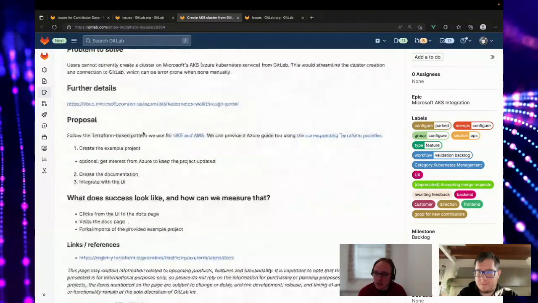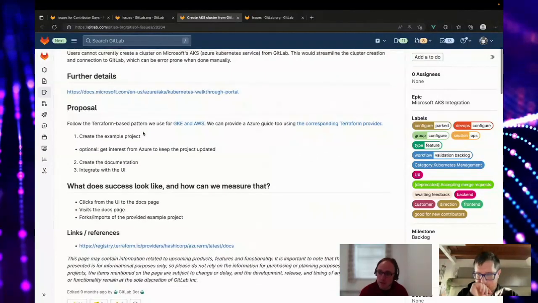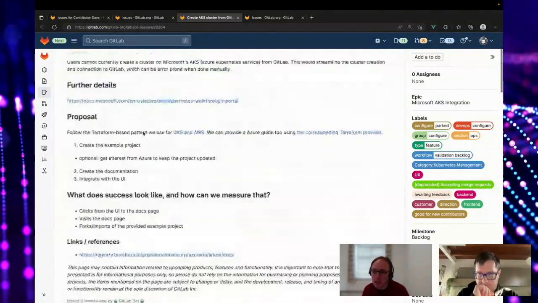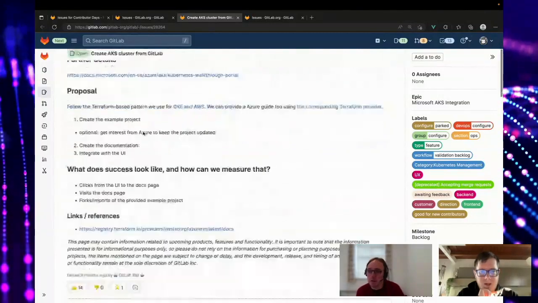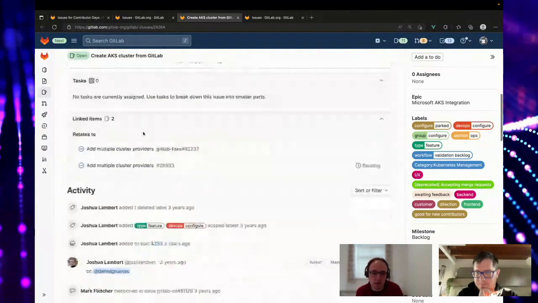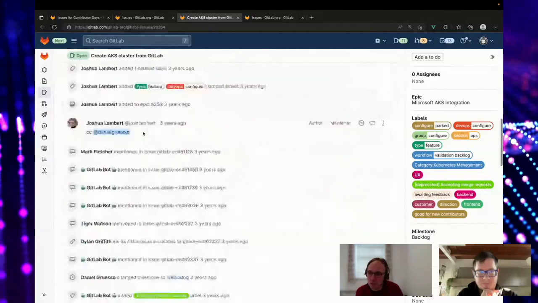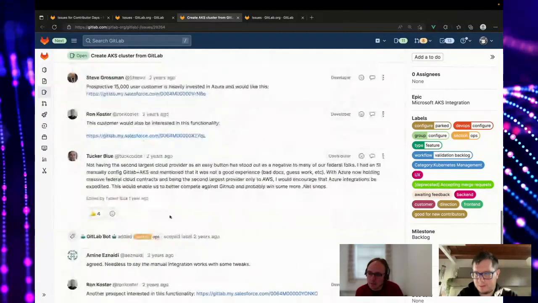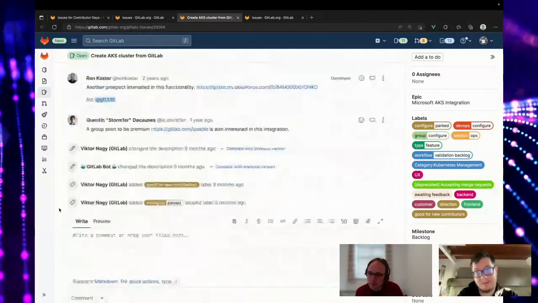There is already a pattern that we currently have configured for GKE and AWS. So yeah, this one might be a good one to throw in there, definitely, because this is Kubernetes related, so that's in Terraform.